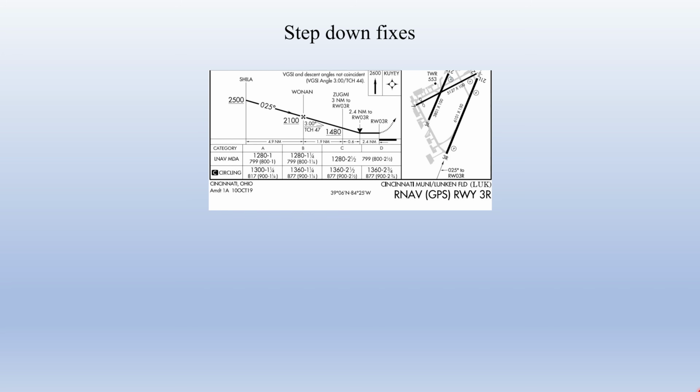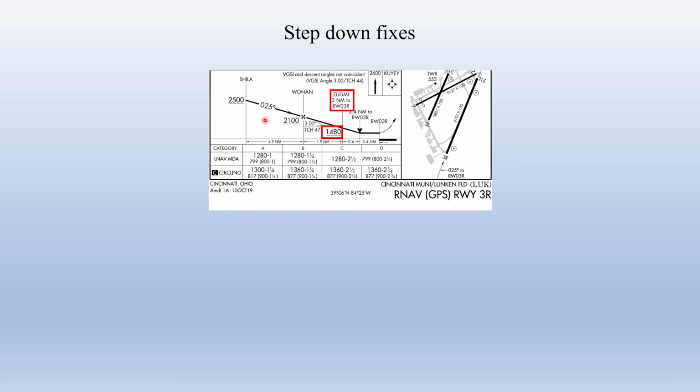Another thing that you'll sometimes see on approaches without vertical guidance is step-down fixes inside the final approach fix. So basically, you'll have another fix inside the final approach fix. In this example, we have the Zugme intersection, and it has an altitude of 1480.